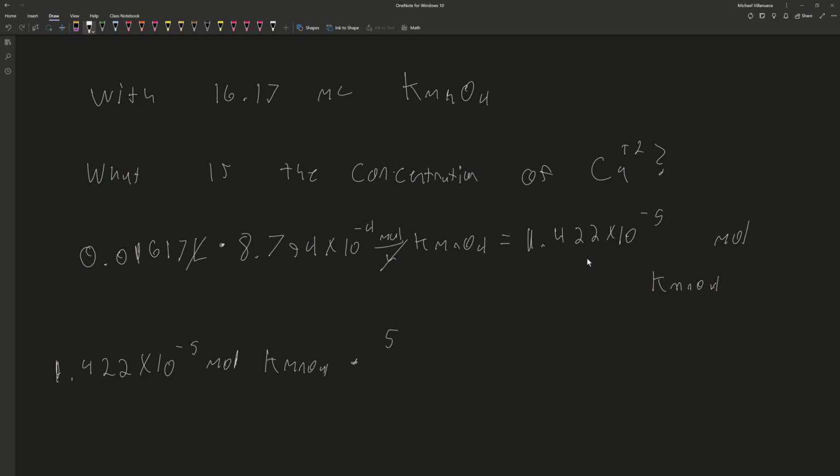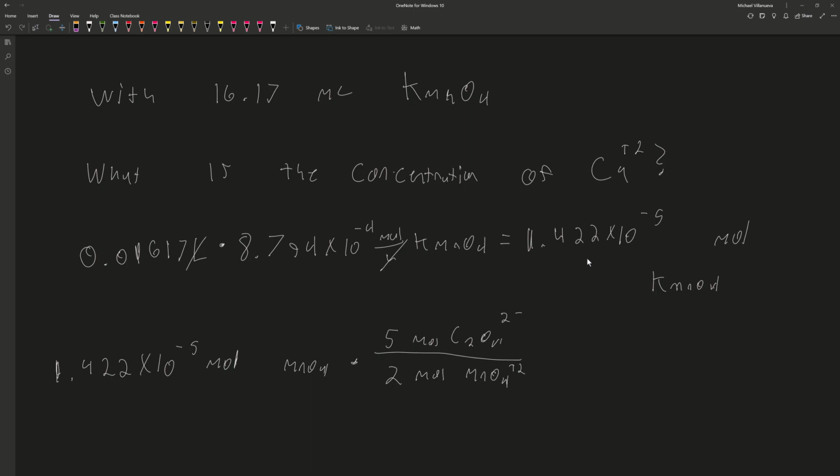we have 5 moles of C2O4 reacting with 2 moles of MnO4. And so there's that 5-to-2 ratio. Remember, since we're going from KMnO4, KMnO4 will be on the bottom.